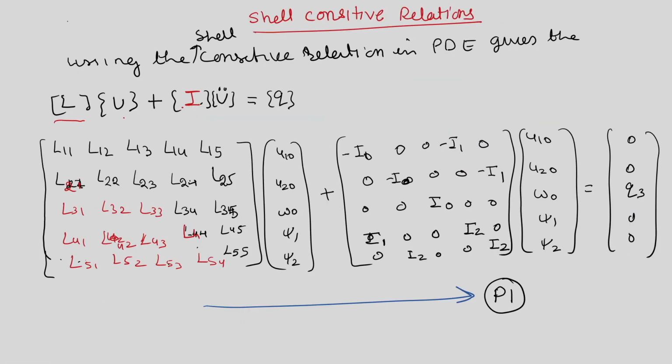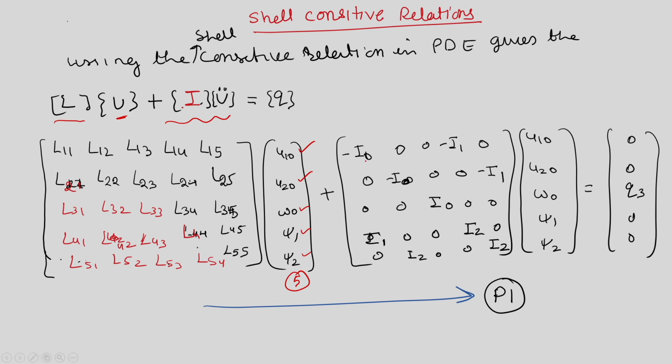L is a linear operator, and U contains the primary displacement variables U10, U20, W0, Psi1 and Psi2. These are five in number. This time you see a dynamic matrix comes into the picture, let us say a matrix I.